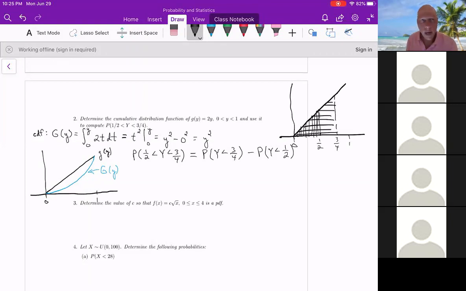Now, what's neat about having a CDF, which isn't always required, sometimes you could skip getting a CDF like we did in problem 1, but what's neat about it, if you have it, is that it could give you these less than probabilities right away. And so the probability that y is less than 3/4 is capital G evaluated at 3/4 minus the next probability, capital G evaluated at 1/2.